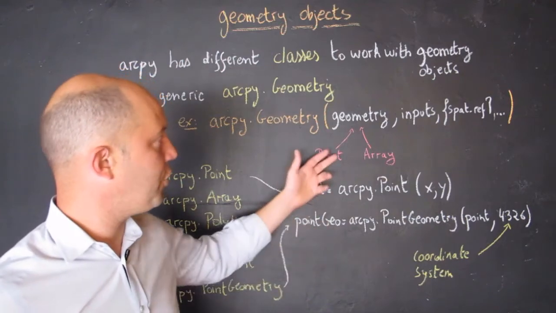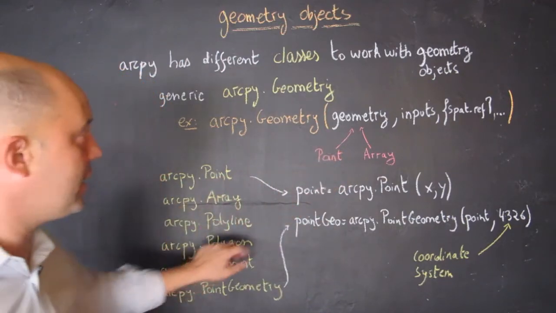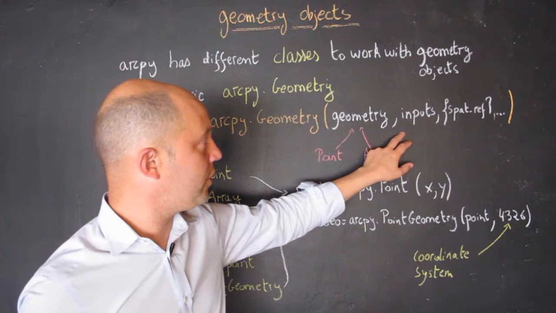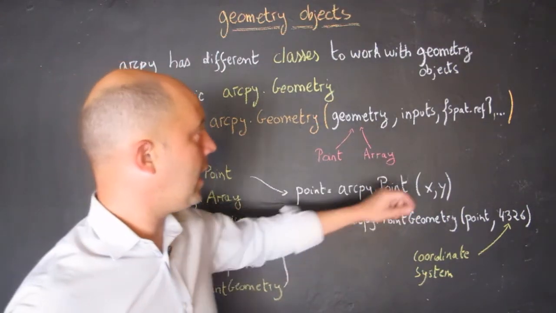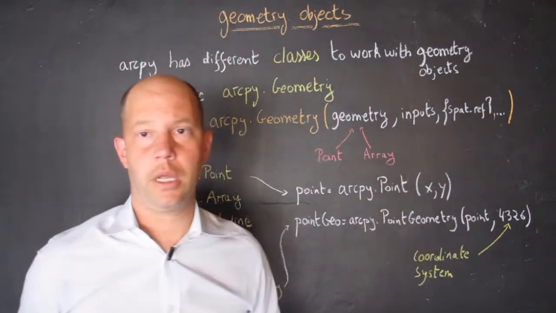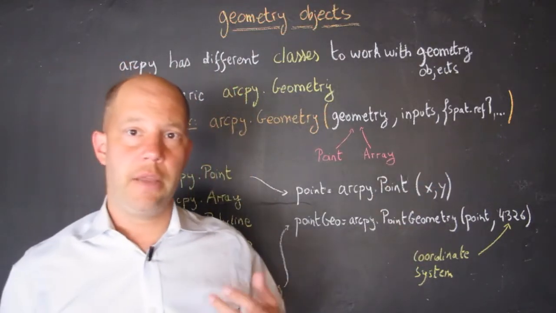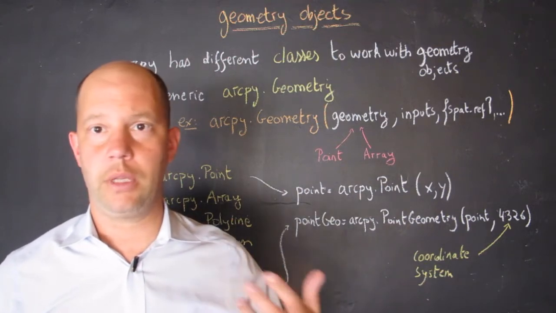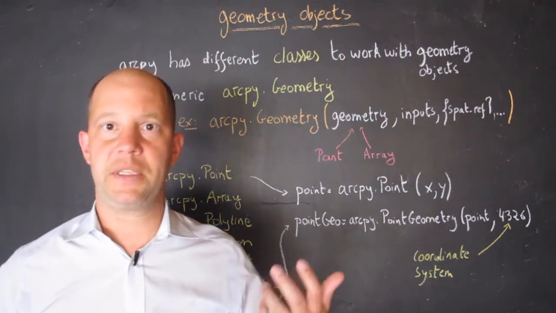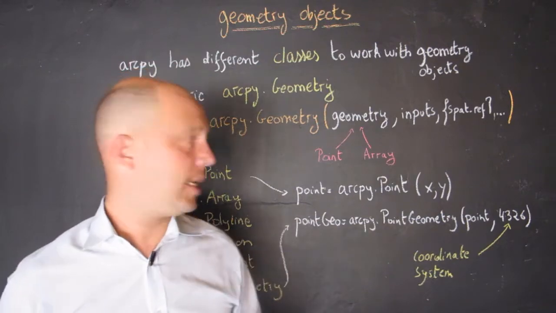So this typically is a point or an array, but we'll see there are actually other kinds. And then the inputs that you want to provide, we'll see that in a second. And then the spatial reference, sometimes it's necessary if you are creating a new layer from scratch. You may want to specify what coordinates your data is in.